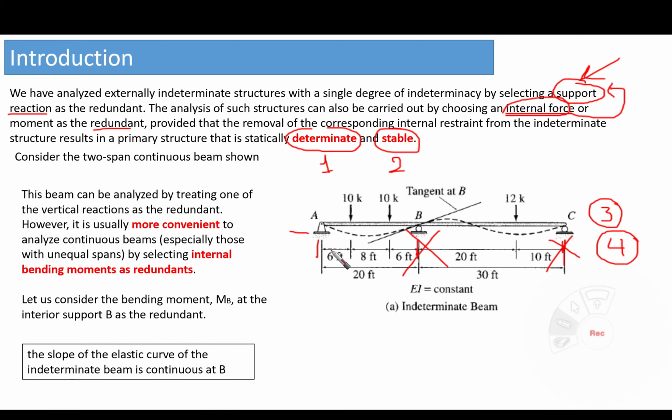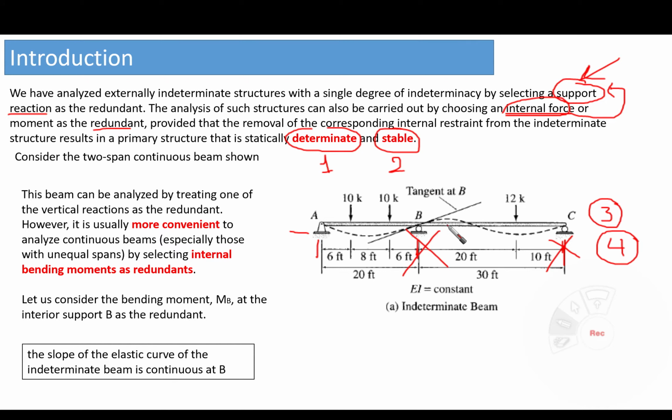But whenever we talk about continuous beams, especially for unequal spans, it is more convenient to select an internal bending moment as redundant, like the moment at B. So this is a more convenient procedure for the solution of two-span, especially unequal-span, continuous beams.